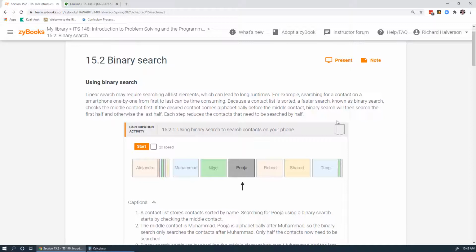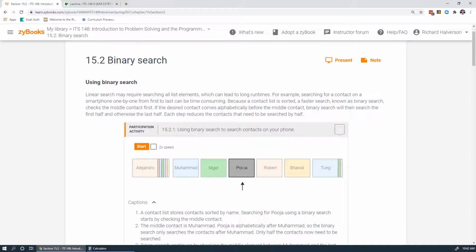Those requirements weren't there. But with a binary search, you start by looking in the middle of the list to see if that's the element you're looking for. Now, it's either going to be the element you're looking for, or the element you're looking for is going to be less than that.